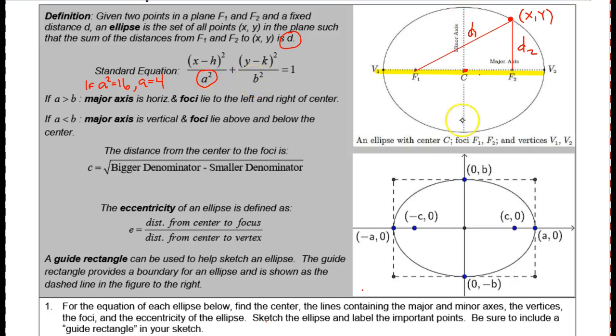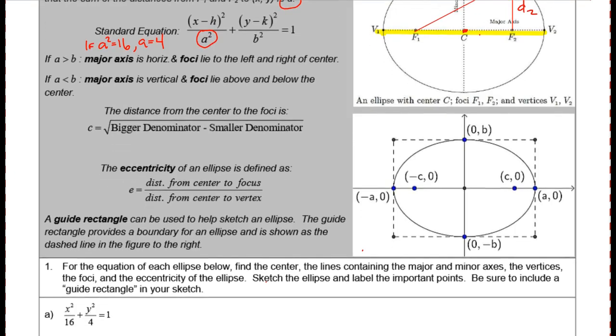And then we have a minor axis that's vertical. You'll notice that the major axis contains 5 different points: the 2 vertices at each end, that's where the ellipse intersects the major axis, the 2 foci, and then the center.